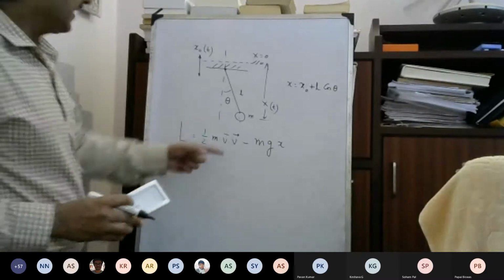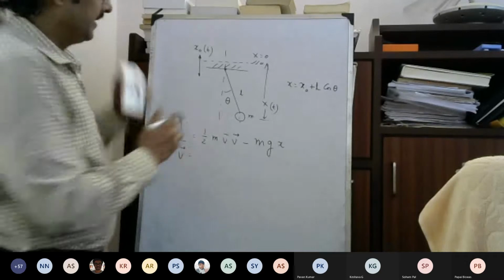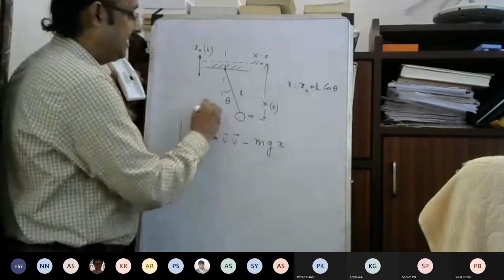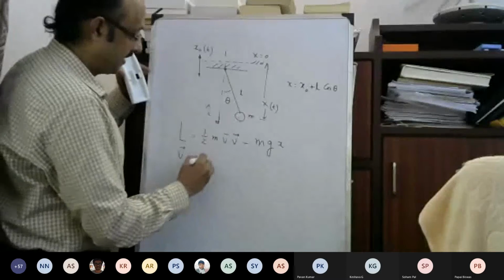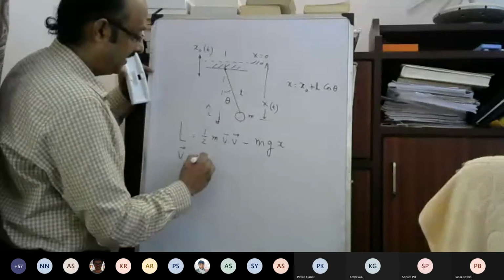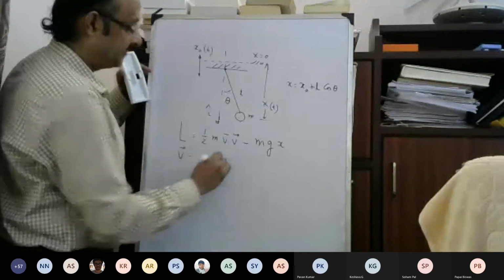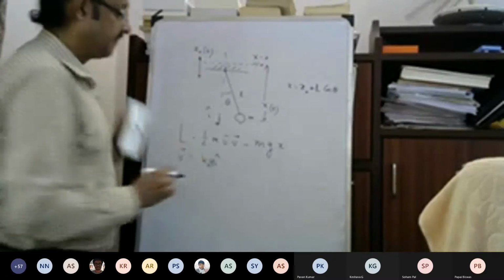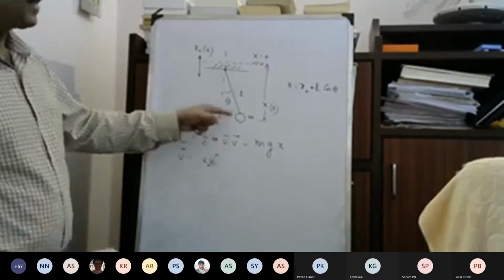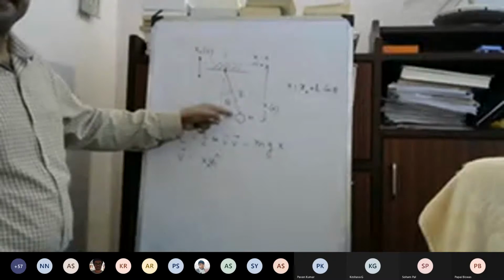Right? And what is the velocity v? If I take i and j as the coordinate directions, then this will be equal to x naught dot i, which is a function of time, plus the relative velocity.